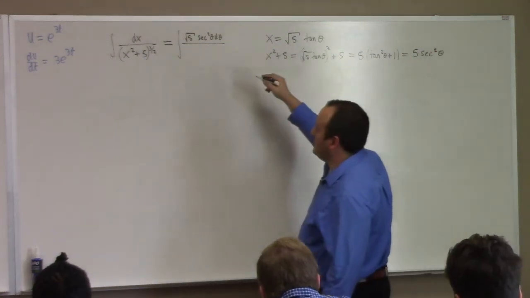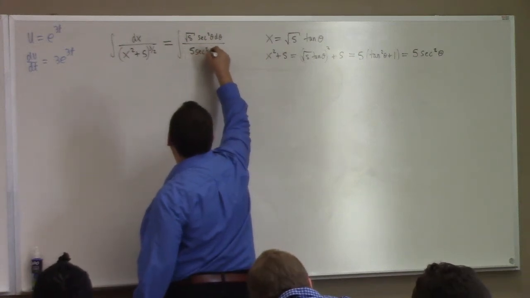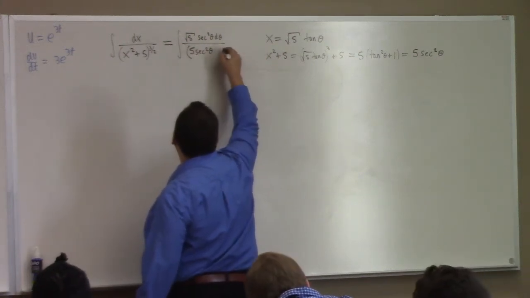Usual song and dance. So this is 5 secant squared theta, but don't forget the 3/2 power, right?